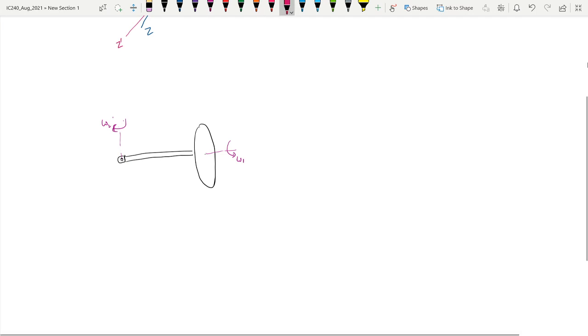Now, if I draw the free body diagram, one is the weight of this disk that is going to act here, then the normal reaction which we have to find out, and then there will be some reactions here, let's say Rx, Ry and Rz.